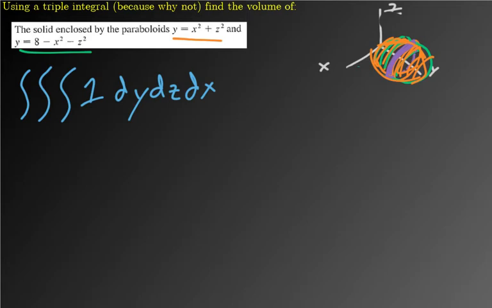It's not a four-dimensional volume problem. So you basically just do upper and lower bounds for y. The lower bound is the orange one, which is x squared plus z squared, and the upper bound is the green one, so 8 minus x squared minus z squared.